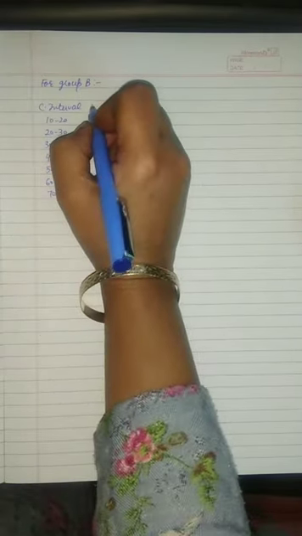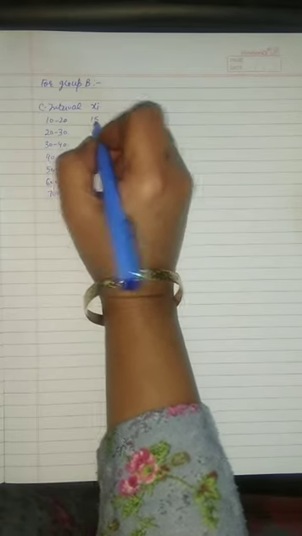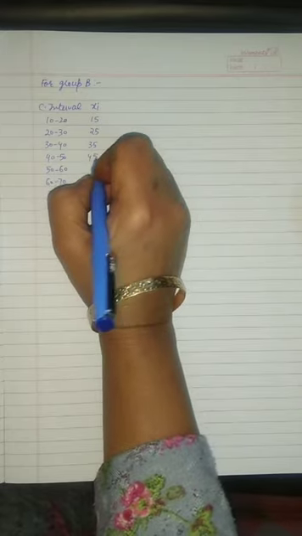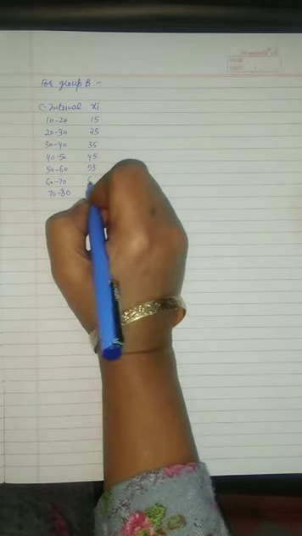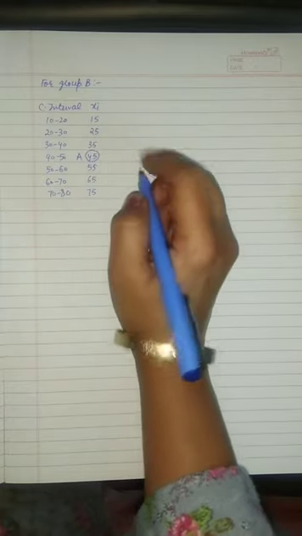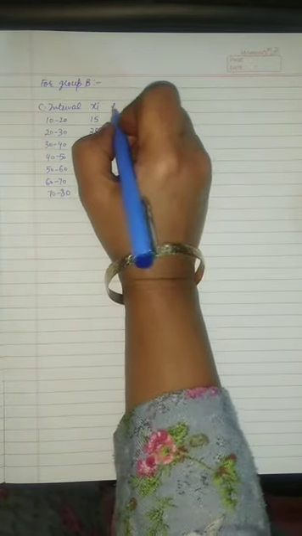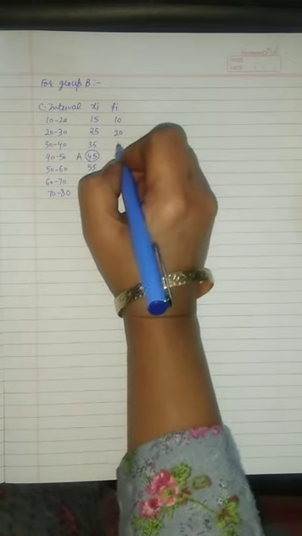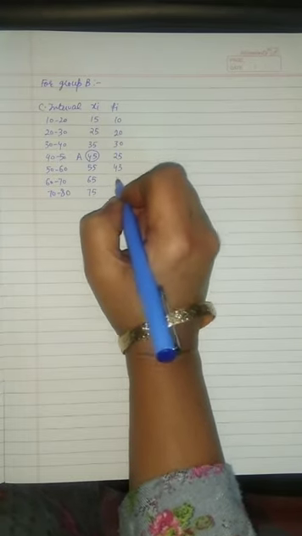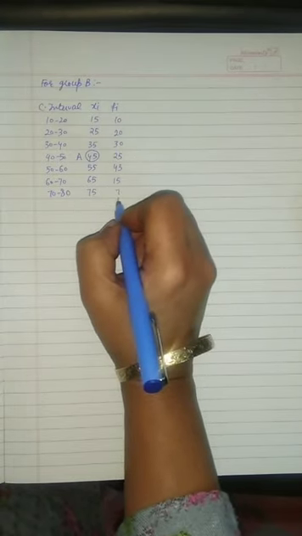Now again xi will be the same: 15, 25, 35, 45, 55, 65, and 75. Our assumed mean will be 45. The frequency fi for group B is 10, 20, 30, 25, 43, 15, and 7, and the sum is 150.